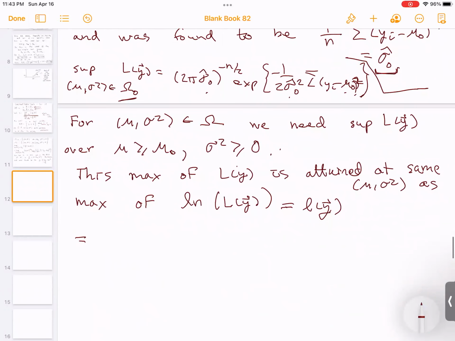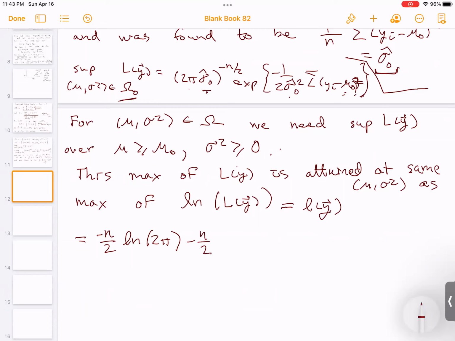So this is equal to ln of the likelihood function. So I get minus n over 2. So just look here, but think that you don't have the sigma 0 and you don't have the mu 0. So I have minus n over 2 pi, right? Minus n over 2.